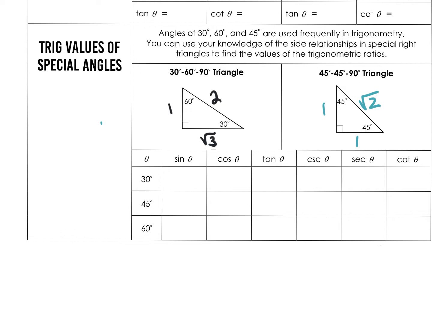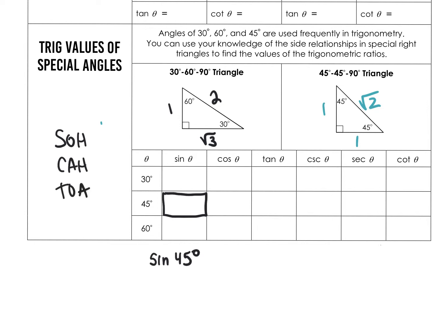Now the 45 degree angle we'll start with because it is typically the easiest. So in this chart, when I say take this box, sine theta of 45, we're really trying to figure out what is the sine value for a 45 degree angle. So for sine, if you recall from our SOHCAHTOA, sine is the opposite over the hypotenuse.